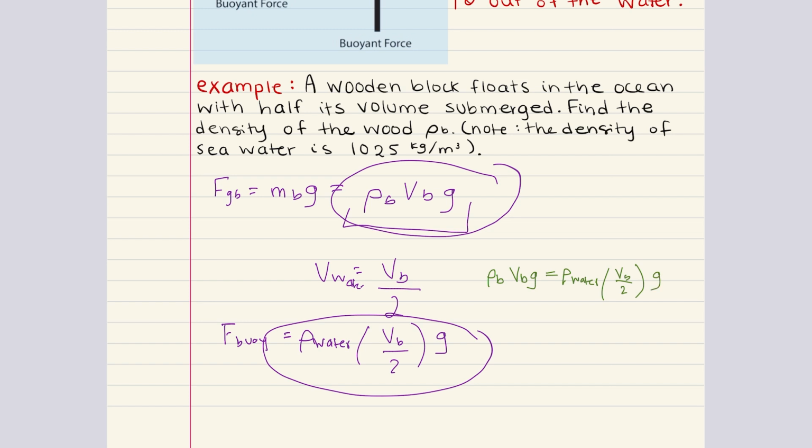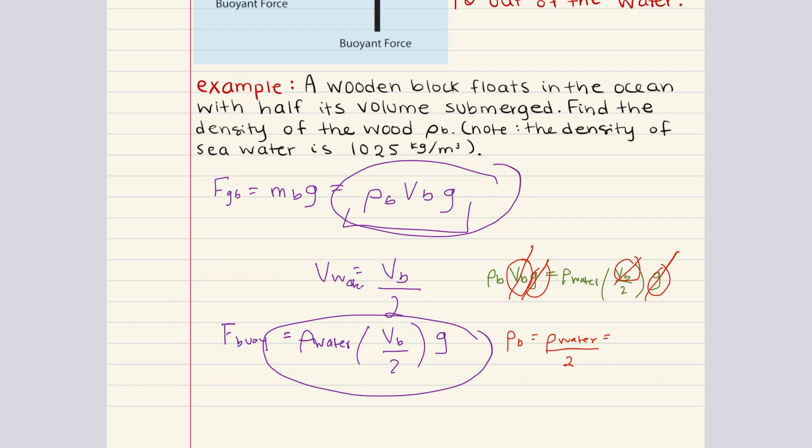Now, what we notice is that the acceleration due to gravity term appears on both sides, so we can cancel them out. In addition, we notice that the volume of the block also appears on both sides of this equation, so we can cancel that out. What we're left with is that the density of the block is equal to the density of water divided by 2.